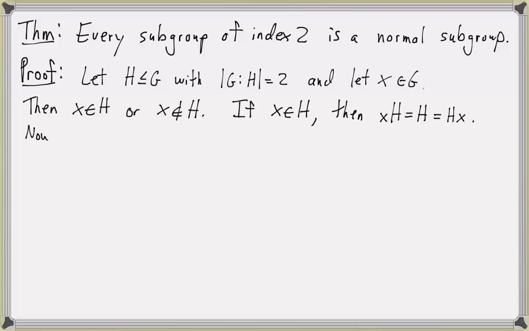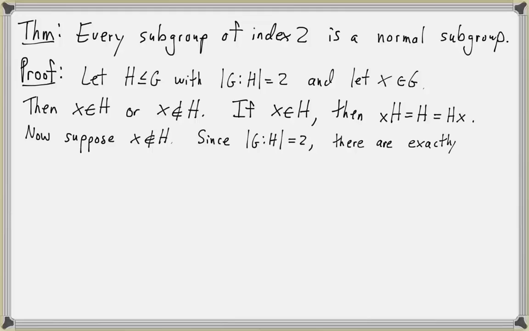So now, suppose X is not an element of H. Since the index of H in G equals 2, there are exactly two distinct left cosets of H in G. H itself will be equal to one of the left cosets.